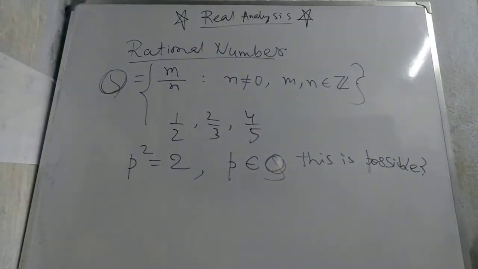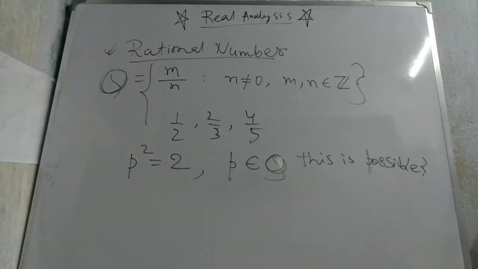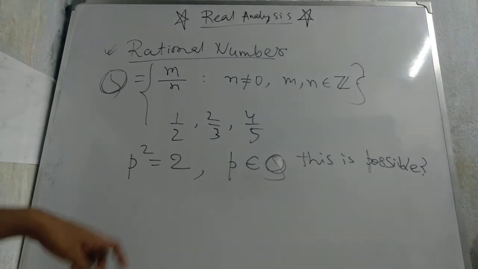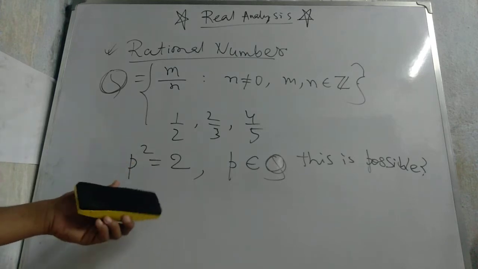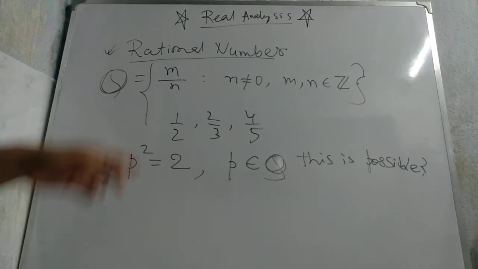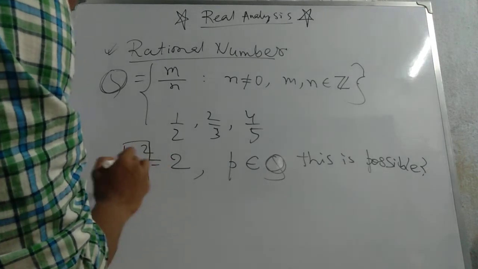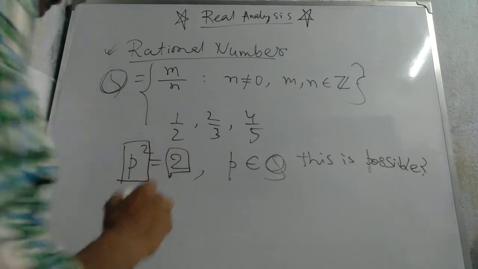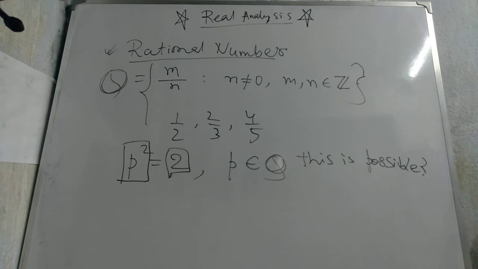If we find the answer to this question, then we see that rational numbers alone are not enough, that means some other numbers also belong, which are not of this form. So we construct another kind of number. Those are irrational numbers, and these numbers are not represented by any finite decimal or any rational number.